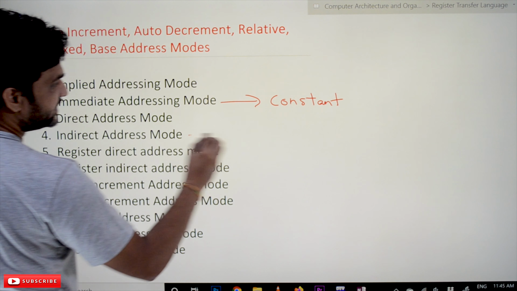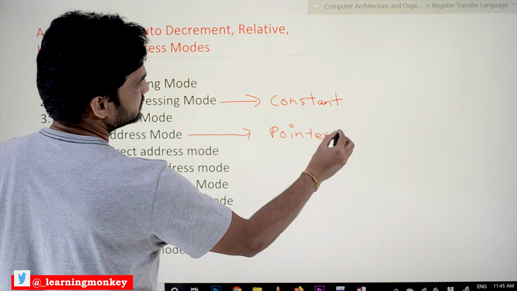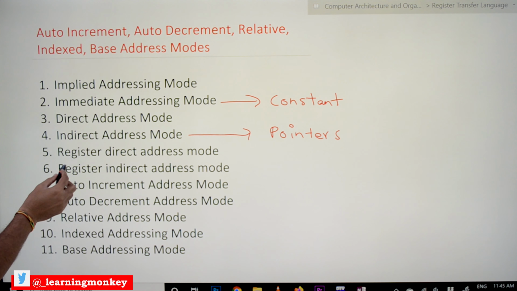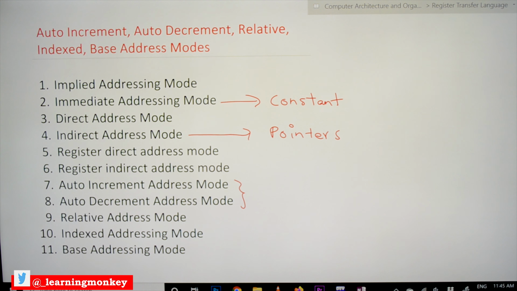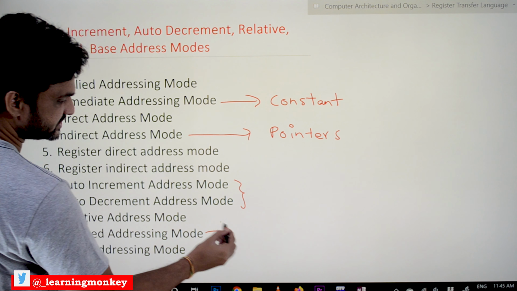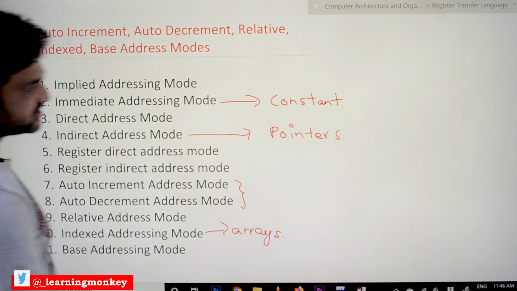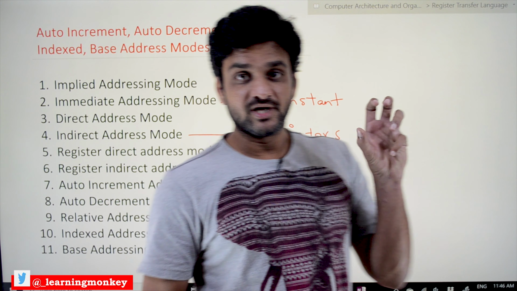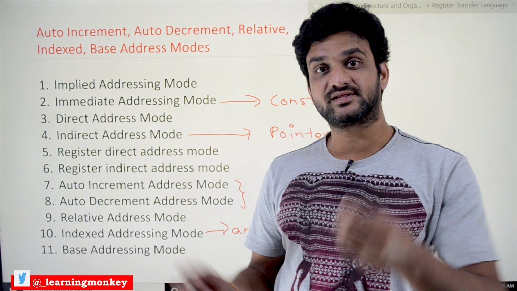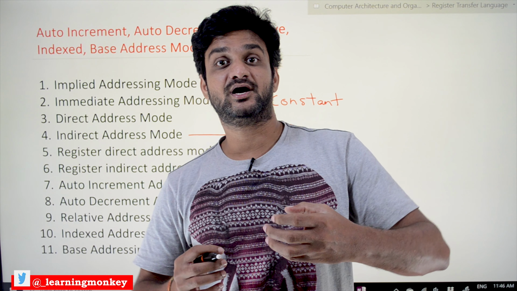Indirect addressing mode, as we have discussed, is for pointers, and auto increment and auto decrement allow incrementation and decrementation. Index addressing mode is for arrays. These are the hardware designing techniques, or addressing modes, through which we get some of these programming concepts.